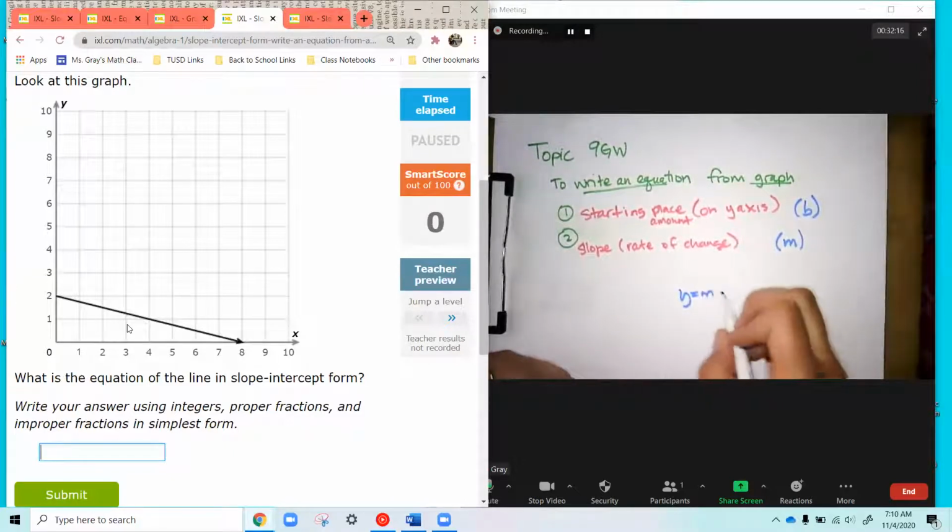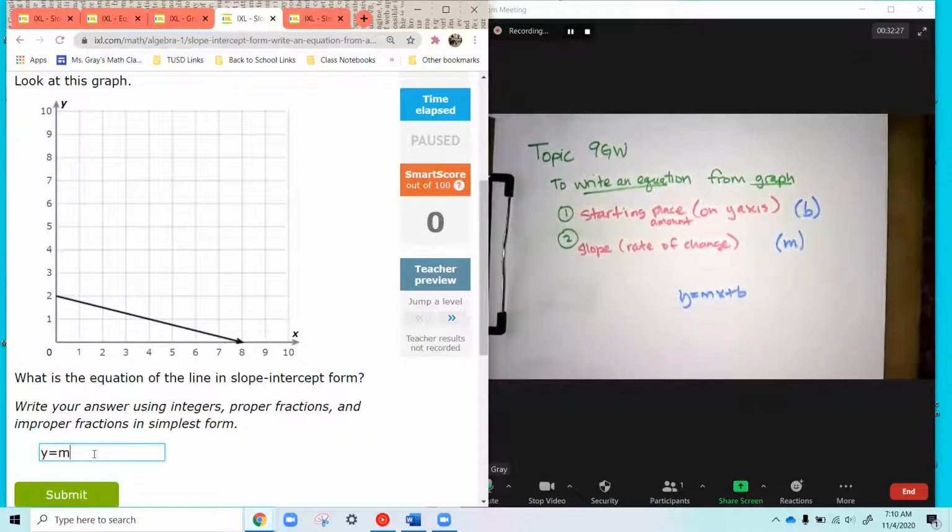So still y equals mx plus b. So let's do some examples up here. So this one starts at 2. So if I'm thinking of taking something like y equals mx plus b, and then filling in numbers, this one starts at 2.